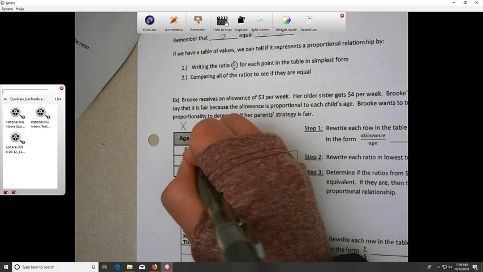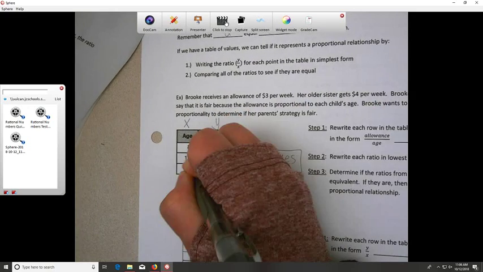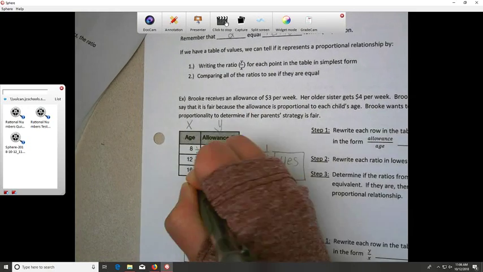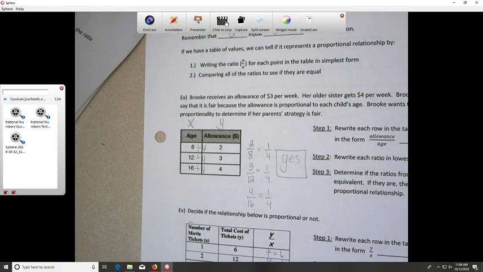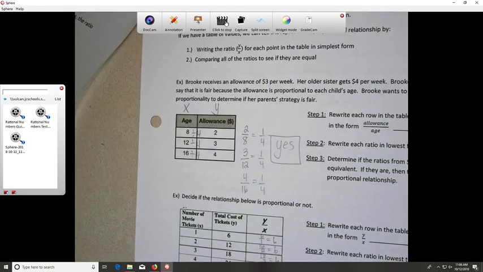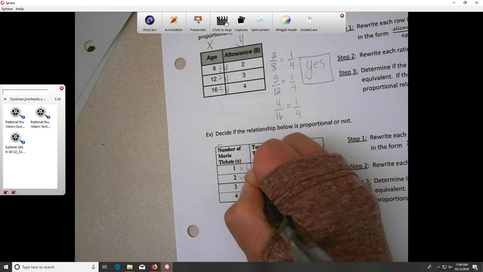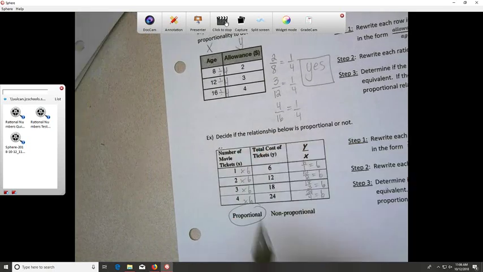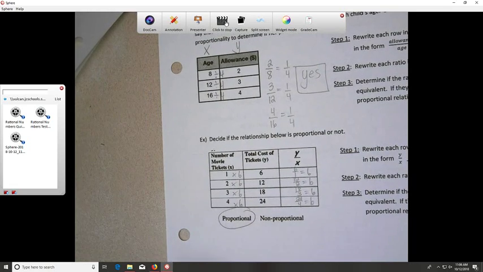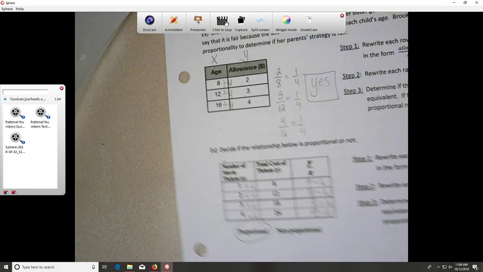So 8 divided by 4 is 2, 12 divided by 4 is 3, and 16 divided by 4 is 4. That tells me, yes, that's proportional. This one, I could say, each of these is getting multiplied by 6 to go from the number of tickets to the cost. So that would tell me that it's proportional.